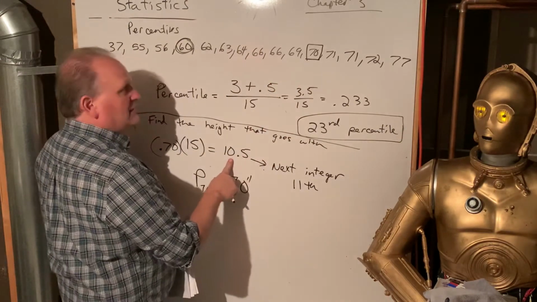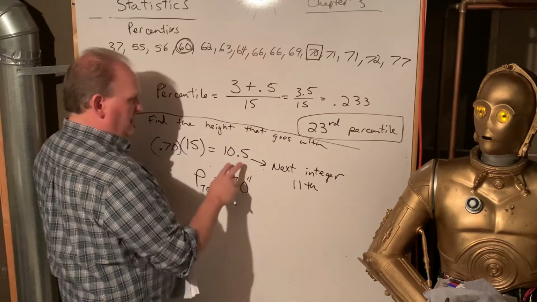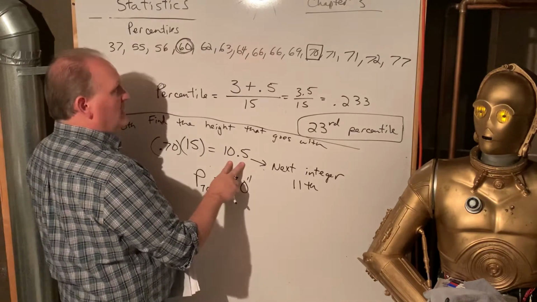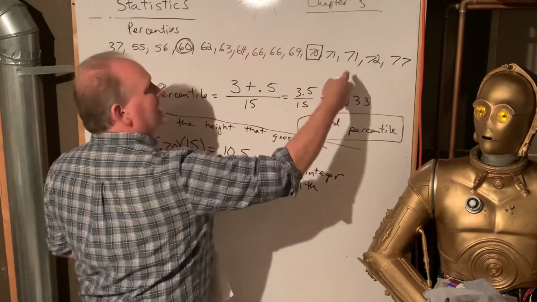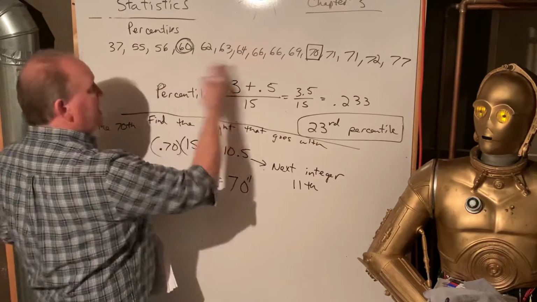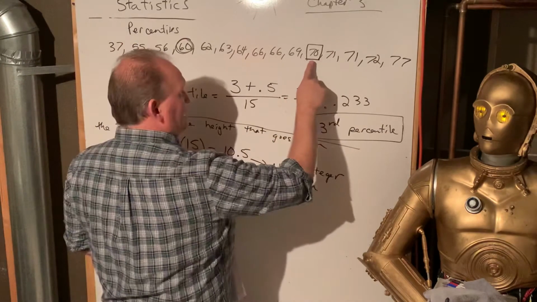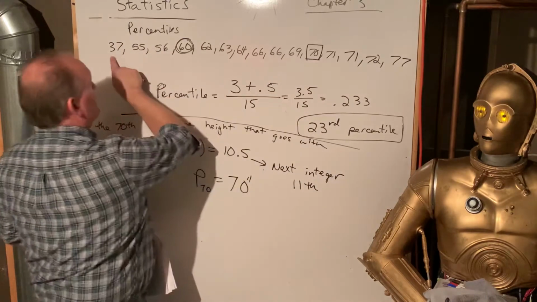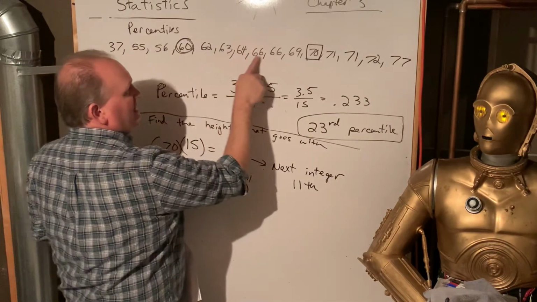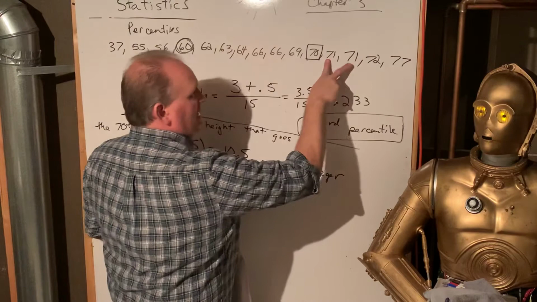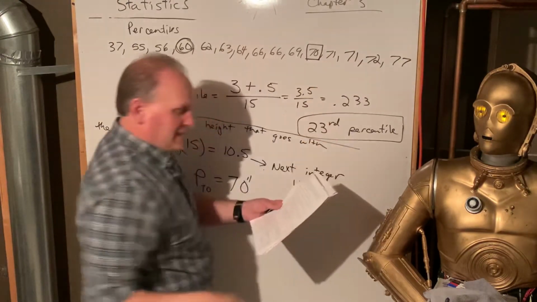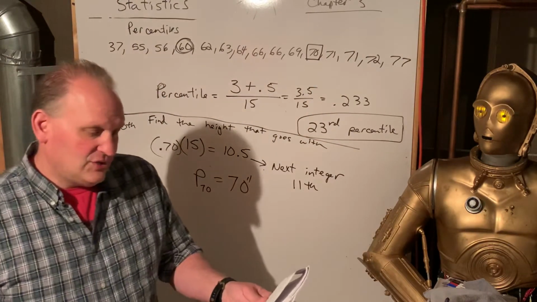All right? So note, let's say we did all this and it worked out to be exactly 12. So we get an exact number 12. You can't just count to 12 because it's got to beat 12 people. So we would count 1, 2, 3, 4, 5, 6, 7, 8, 9, 10, 11, 12. And then we'd also look at the 13th and we'd average those two together.